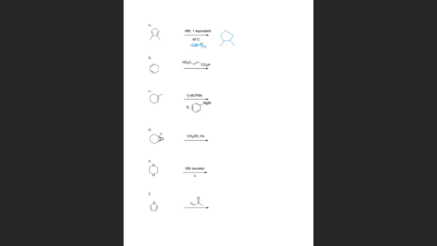So for this molecule, where would you put your positive charge for it to be the most stable? So this is your double bond. On the 3 substituted. Okay, perfect.